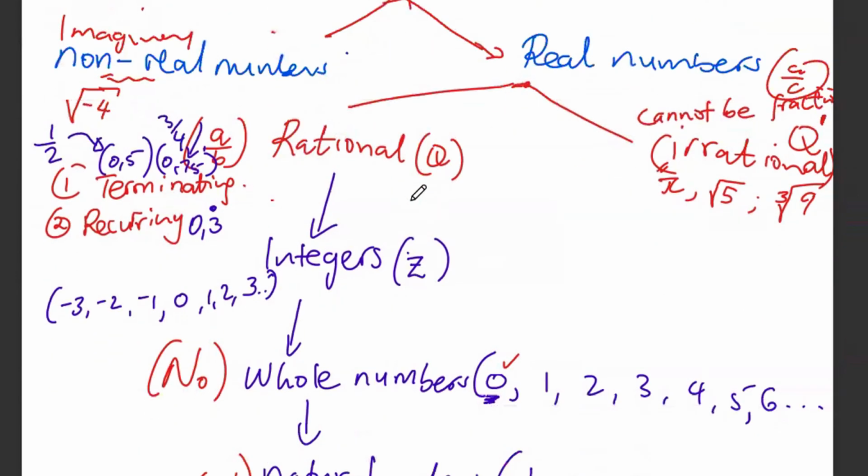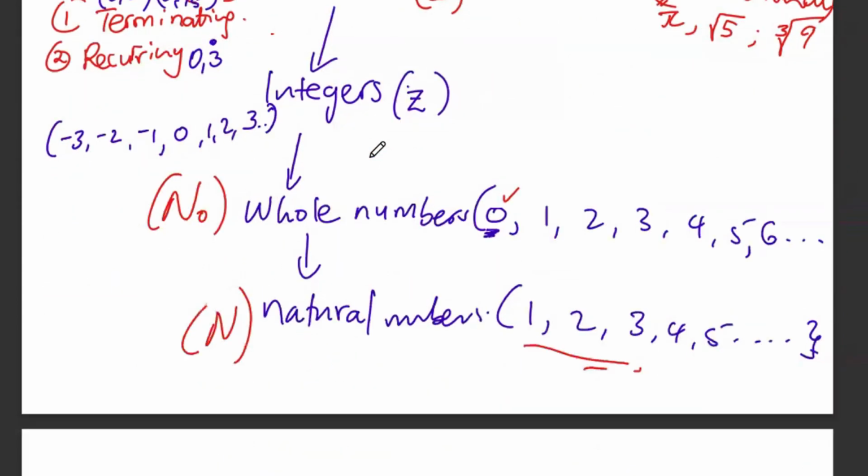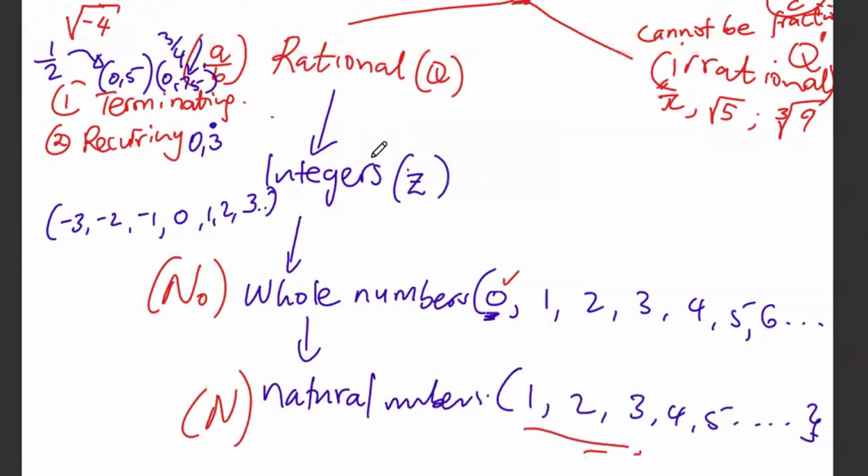All we need to know is which type of number we are dealing with. Before I leave this, you will notice that all these numbers, the natural numbers, the whole numbers, the integers, all fall under what we call the rational numbers.